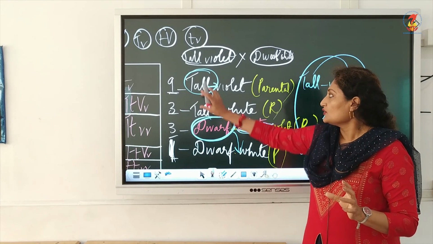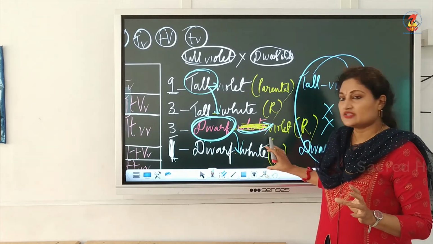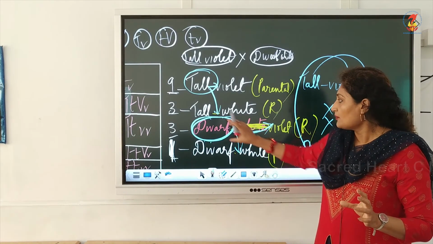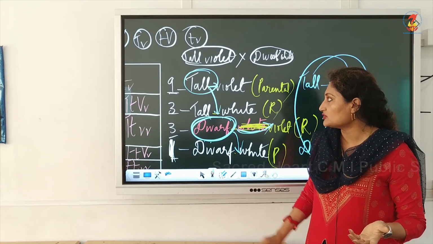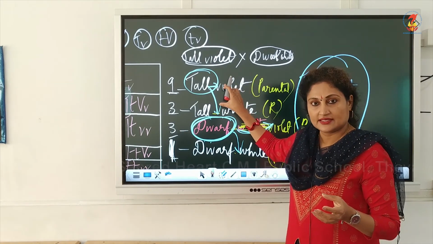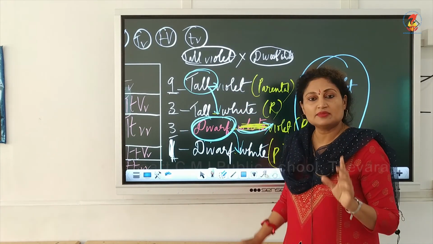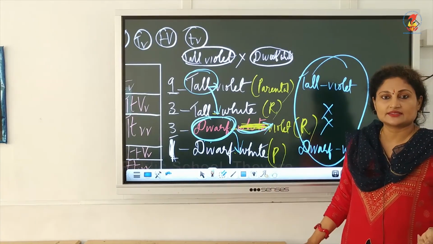That is, you see, this is the initial parent tall violet, and here we have the dwarf white. These are parental form combinations, but the middle two are indicating recombinants. How did we get the recombinants? Because tall is independent and can assort with violet and can also assort with white. Similarly, dwarf is independent and can assort with violet and white.